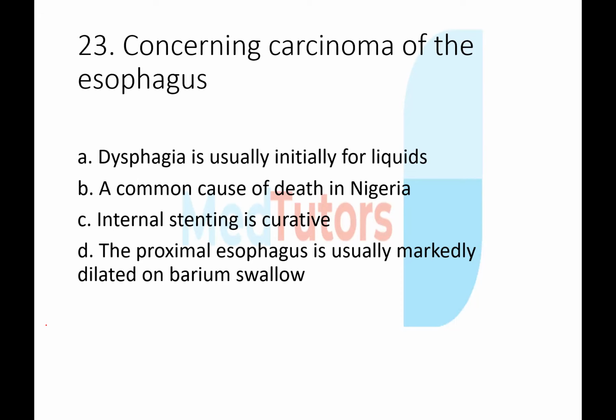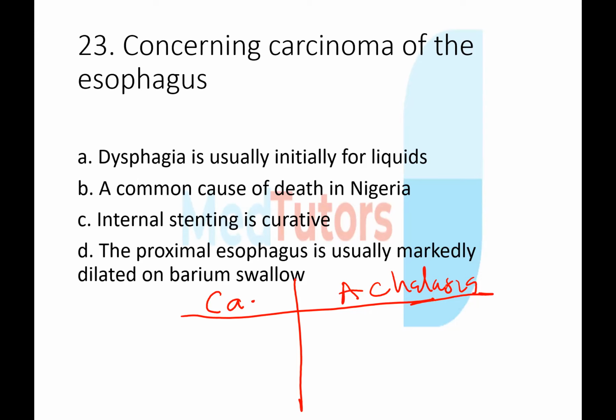That is one. And two, you should know that for, let me just tabulate it. Carcinoma of the esophagus, then achalasia. Progressive. This can be intermittent. Shorter duration.